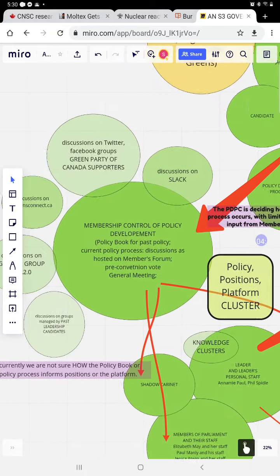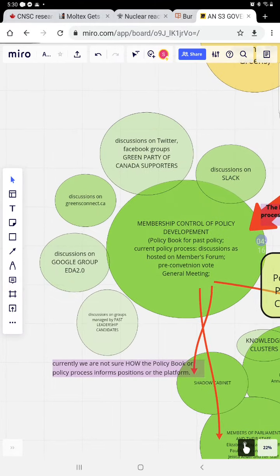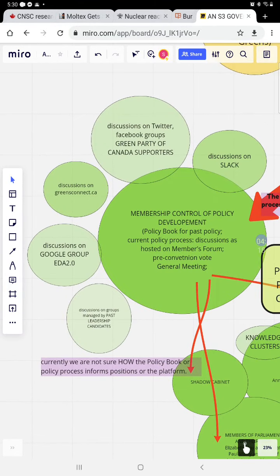There are some other informal wings. See these light colors where policy is discussed and created? There is an app called Slack that I do not go on that right now the party seems to be trying to formalize, which I personally feel is inappropriate. And I might get into that in a different video. There are ad hoc Facebook groups that are not official parts of the Green Party of Canada where discussions are happening.